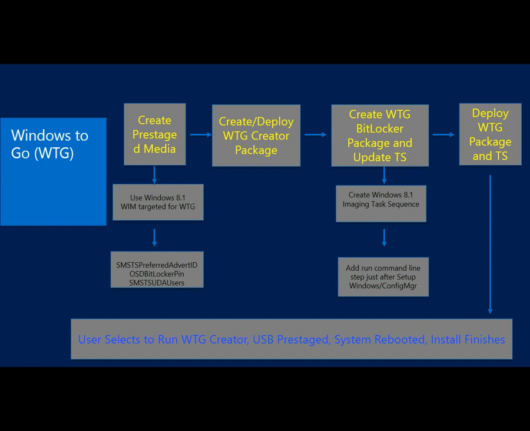One is SMSTS preferred advert ID. Right, that is a variable in Configuration Manager that is useful outside of this scenario. It's actually a really cool piece of this. You can use this variable in the pre-start command to actually specify what task sequence deployment you want to run.